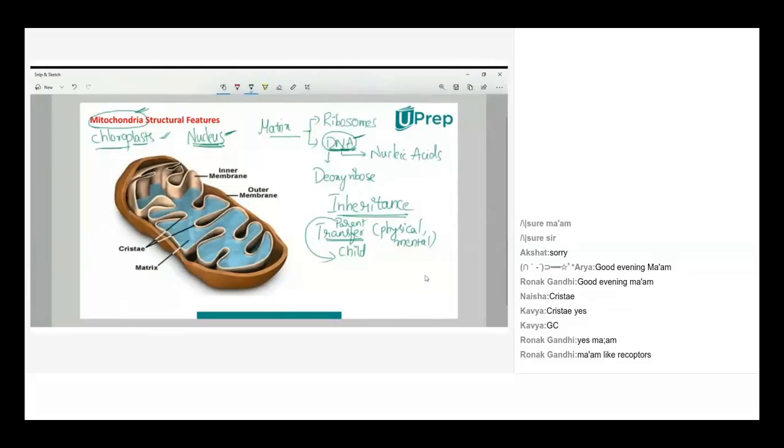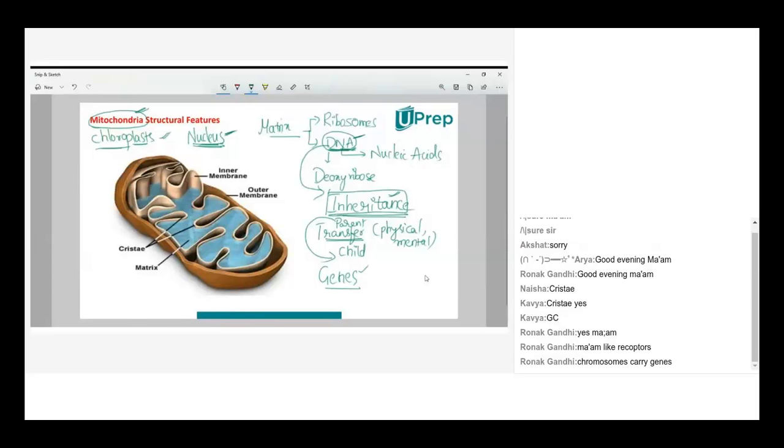So basically inheritance means transfer of characters. The characters may be appearance or behavioral characters. Now this inheritance is related to DNA. When we talk about inheritance, usually we talk about genes. We find genes in plants also, along with animals and humans.